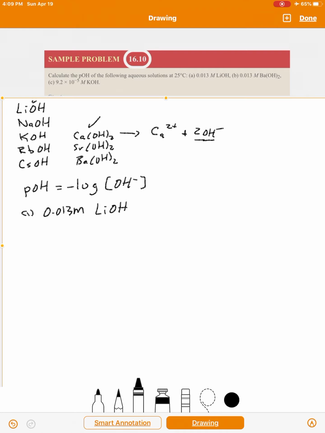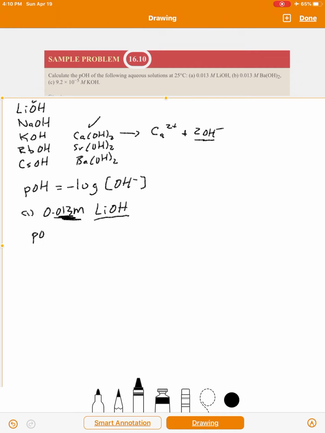And since it's a strong base, what that means is the amount of hydroxide that is dissolved into the water is the same as the amount you put into the water of the salt. So if you put in 1 mole of lithium hydroxide, you'll get 1 mole of hydroxide. Therefore, we can go ahead and use this concentration here in our calculation of the pOH.